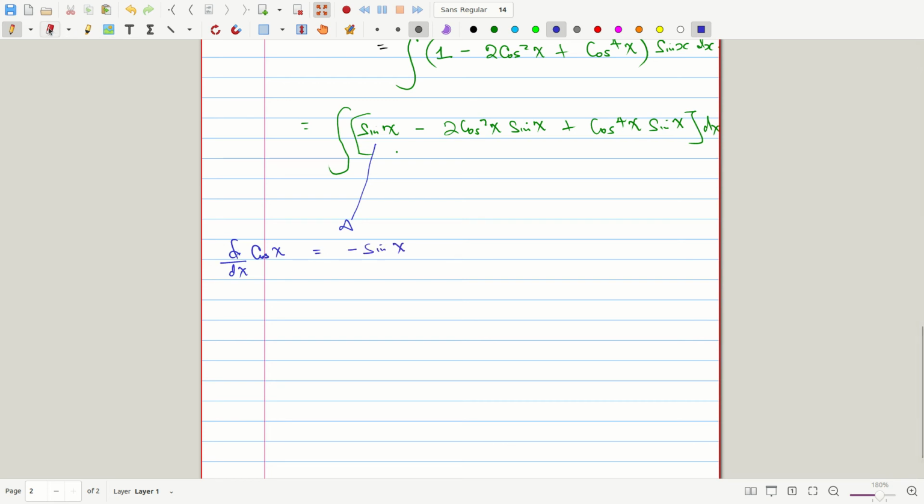So precisely, if we integrate negative cos of x, we get sine of x. So if you carry out the reverse process, differentiate with respect to x, integrate with respect to x, of course we get the result that negative cos of x.